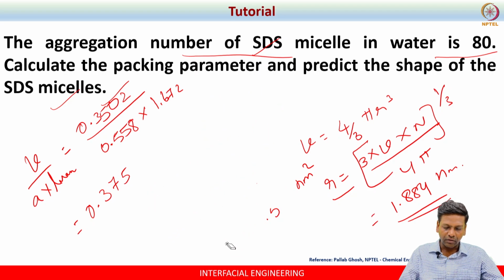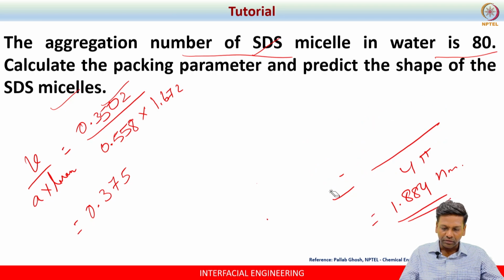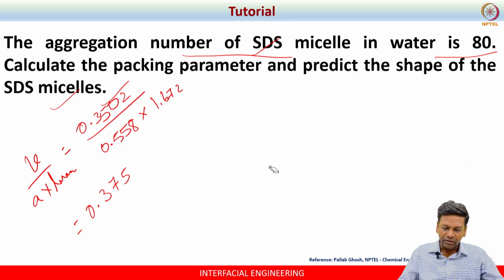If you look at this packing parameter, which is V by A L, for this problem, it is nothing but 0.375. Remember, for a micelle to be spherical in shape, it has to be less than or equal to 0.33, or 1 by 3.